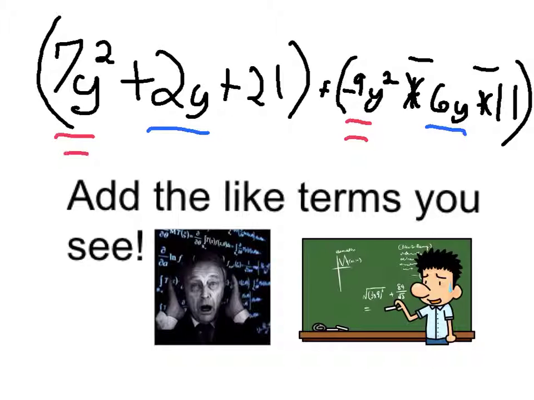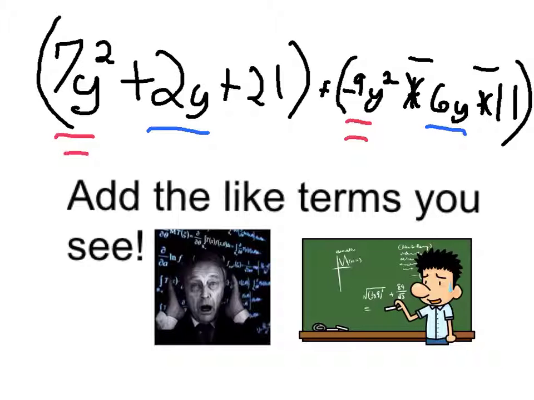Now we're looking at adding the like terms you see. And right here is a y square, and if you look over here, there's another y square. So you want to add these both together. That's why there's 2 underlined, to show you that these are 2 of the same like terms that you want to add. And also right here and here.